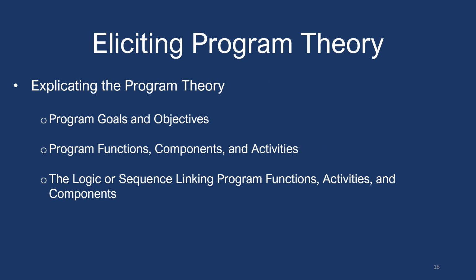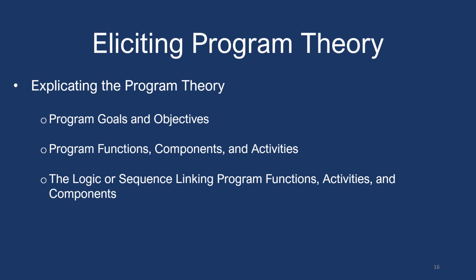Sometimes the program is so new or so yet undeveloped that the evaluator can assist in creating the program theory that will guide it. If this is the case, it can be pretty explicit from the beginning. But other times, you need to look within the existing program structure and draw out the actions and assumptions.